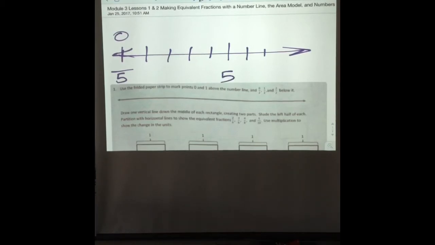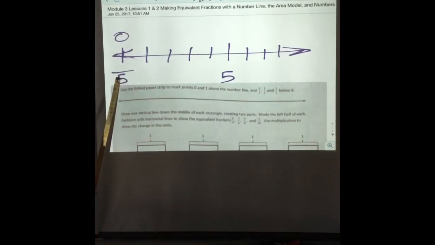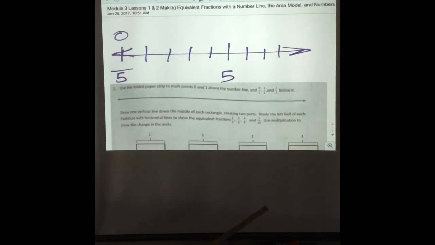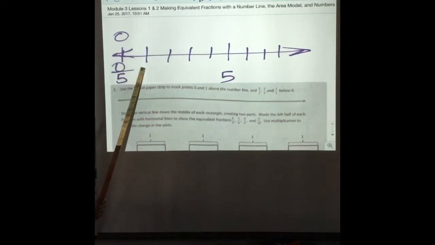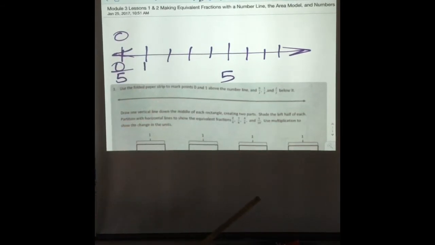I'm going to put some more in here. What would go under the 0? 0 over 5, right? The next one would be 1 over 5, 2 over 5, 3 over 5, and 4 over 5. And last but not least, 5 over 5, which would be 1 whole.